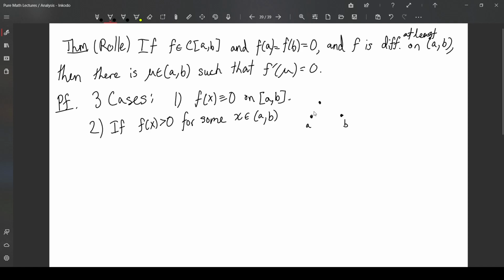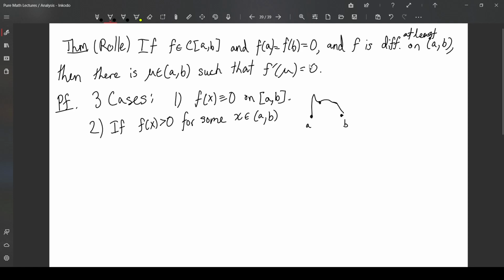You know that f has to increase from a in order to get to this point, and not necessarily all at once. It could increase and then it could decrease, but it has to be increasing at some point.